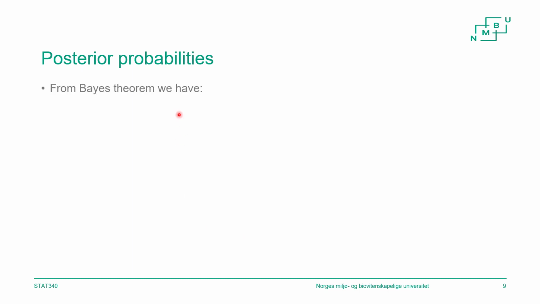Posterior probabilities, yes. The Bayes theorem, and this is something you should know from the basic statistics course. And if you don't, look it up. It's easy. The Bayes theorem says, if you want to compute the posterior probability, as we call it, the probability of a class given the data, you can do that by this formula here, by having the probability of the data given the class.